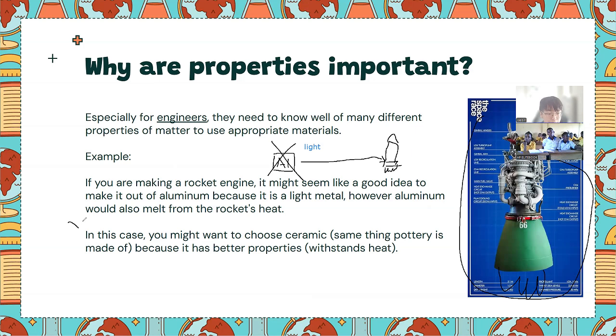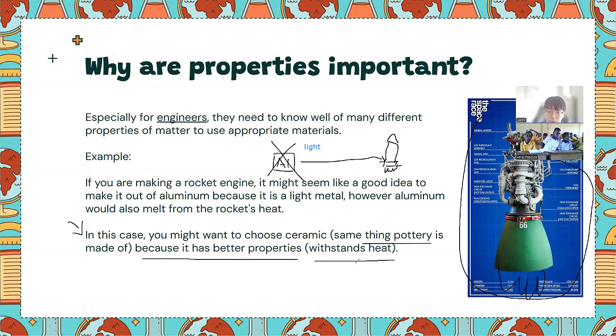In this case, you might want to choose ceramic, for example, which is the same thing pottery is made of, because it has better properties: it withstands heat, and it's also relatively lighter than other materials. So by testing these different properties, does it withstand heat or not? Is it light or not?